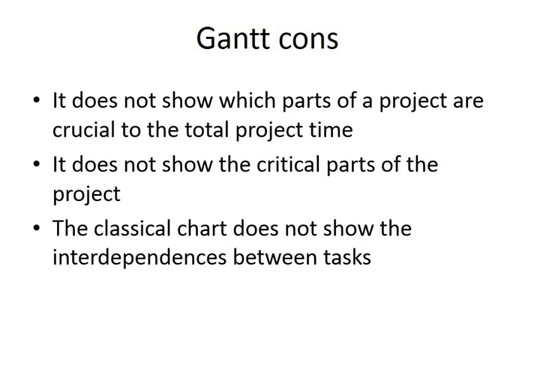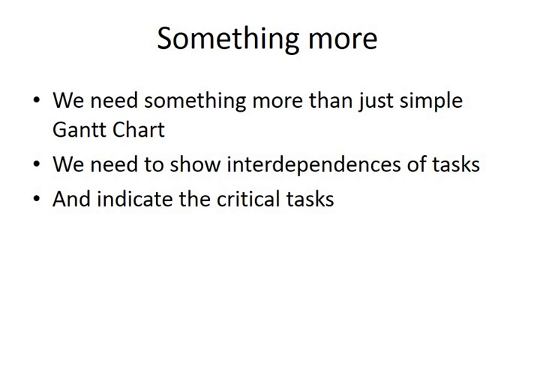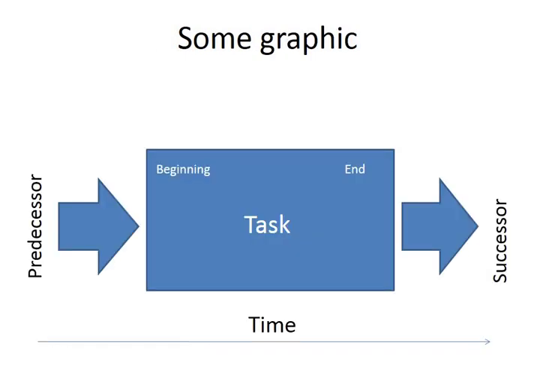So no interdependencies, and nothing crucial can be shown here. So we are going to need something more. We are going to need something that actually shows the interdependencies and shows which tasks are crucial and which are not. In order to do so, we are going to use this graphic approach.